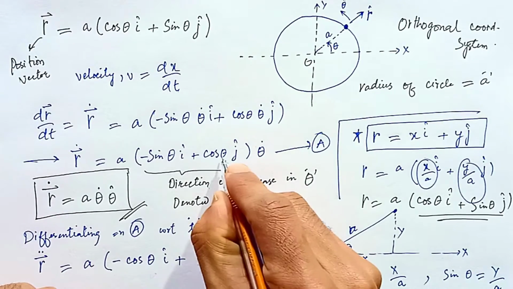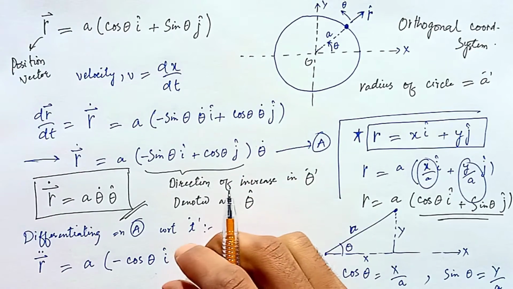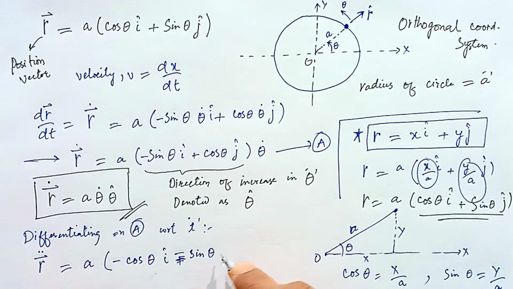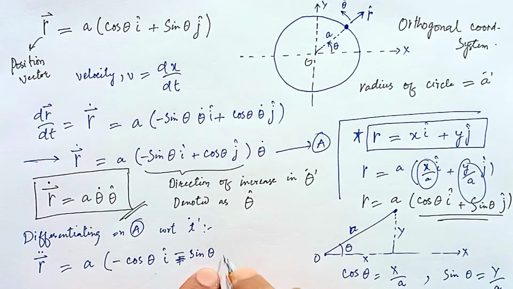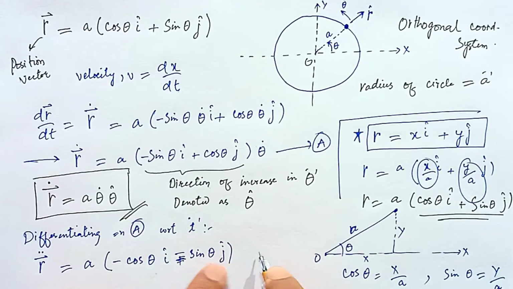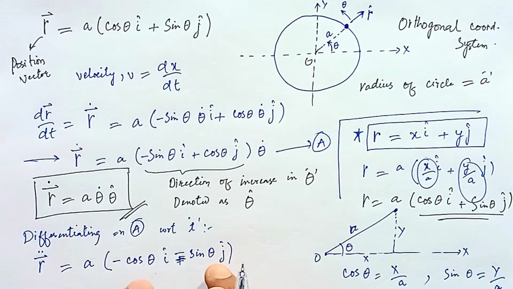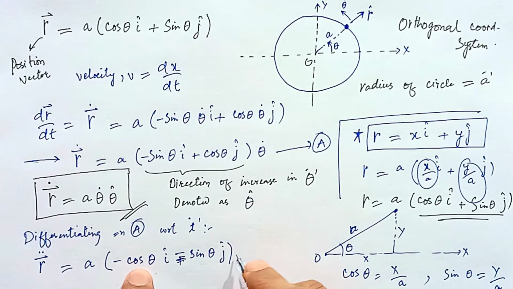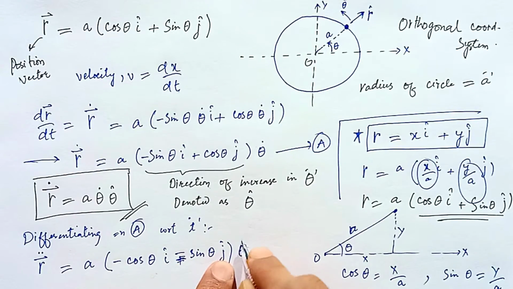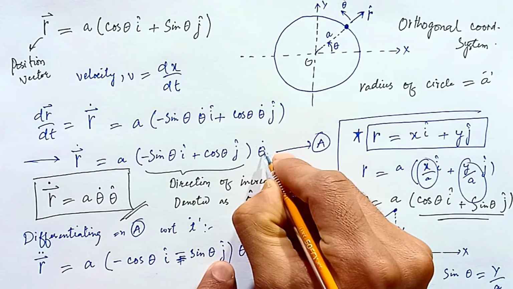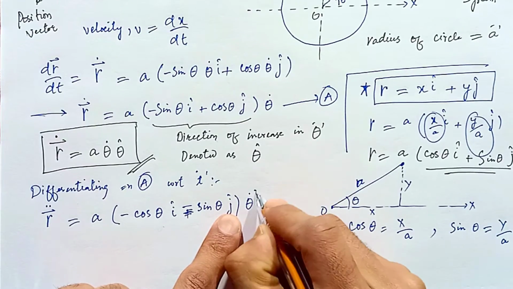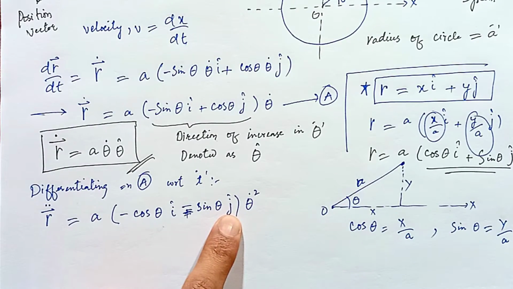So plus cosine of theta, its differentiation is minus sine, so it will get converted to minus sine theta theta dot j. But theta dot I'm keeping outside the brackets. So we'll get theta dot outside and also a theta dot here. Fine. Theta dot into theta dot will be theta dot square.